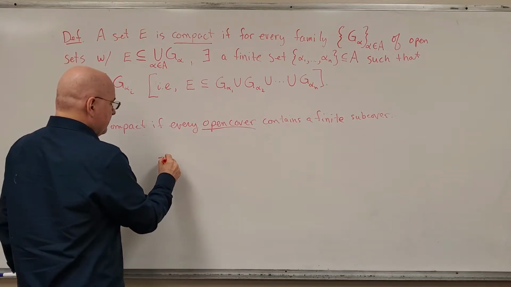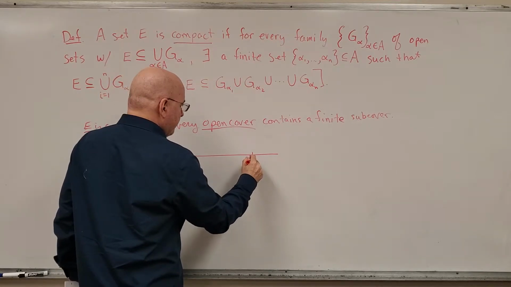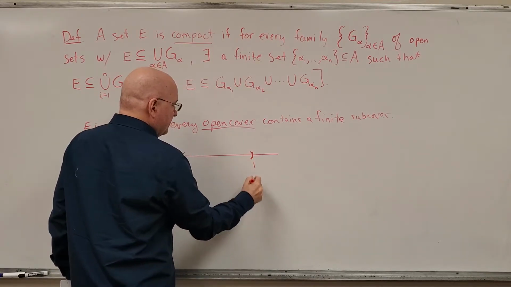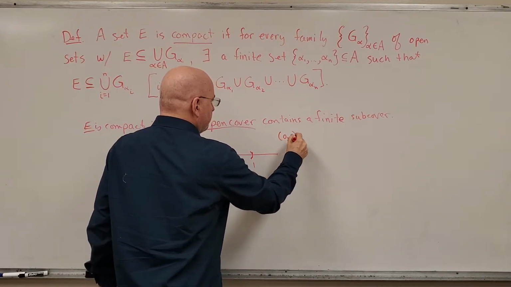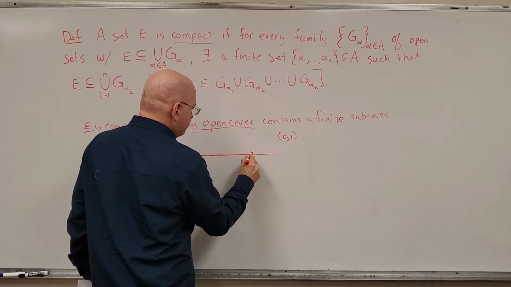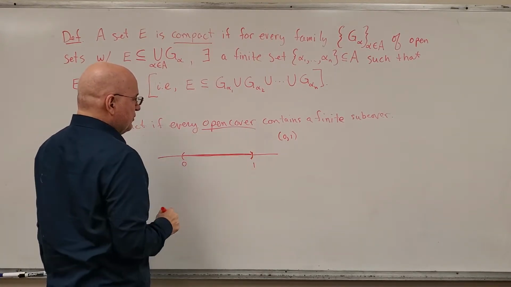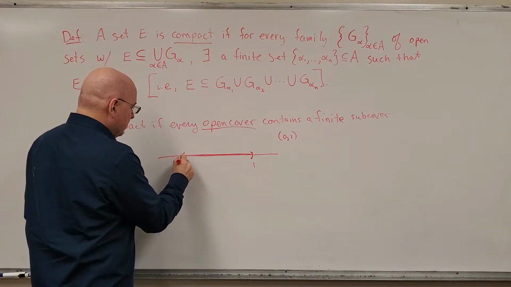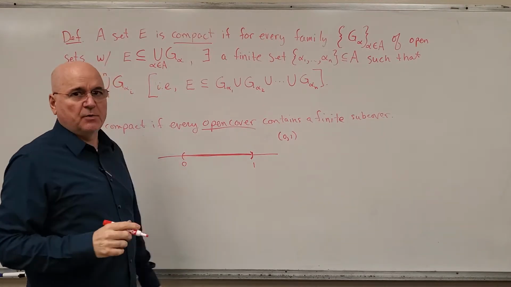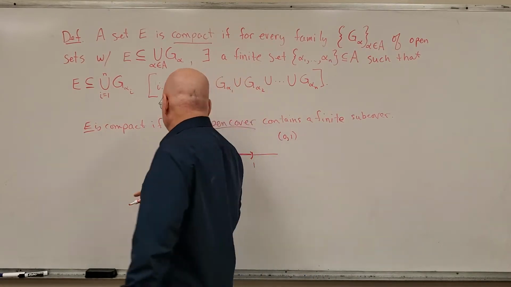But let's take the interval from 0 to 1. The open interval. So you could graph that on the real line like this. And I could have made these open circles if I wanted to, because this set does not contain 0 or 1. Let's just write a cover, an open cover.